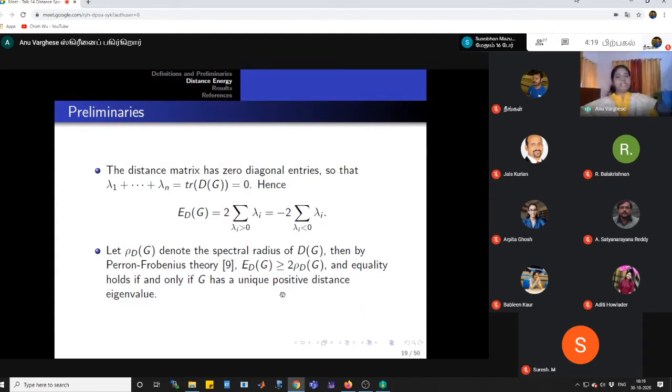So, the distance energy of a graph with a unique positive eigenvalue will be twice its unique positive distance eigenvalue. That's the importance of graphs with a unique positive distance eigenvalue to the distance energy of graphs.